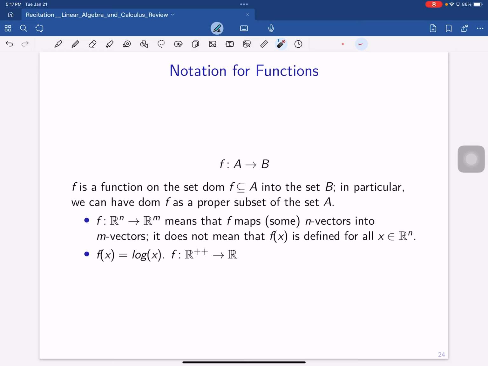It does not mean that f(x) is defined for all x in Rn. It could be defined for a subset of Rn, right? Like the logarithmic function, where you only define log of x on the domain where x is strictly greater than 0. Okay.